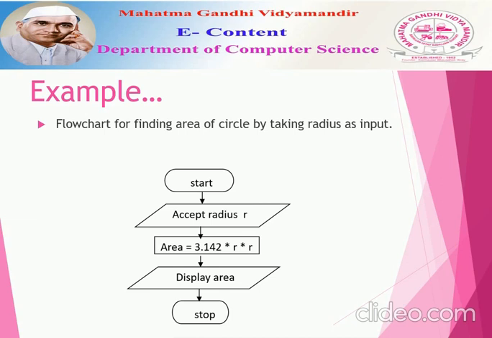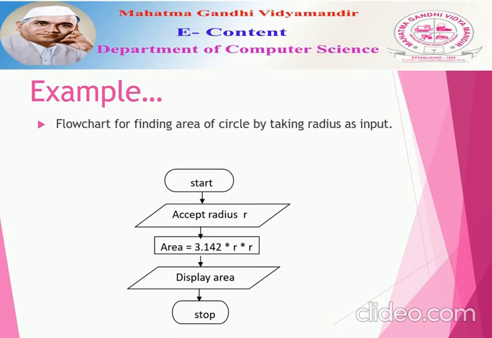Okay, so what is this? We have to again find out the area of the circle, right? So first symbol, that is a start symbol, right? Terminal, you can see over here, it is a rounded rectangle, and we have mentioned start over there.